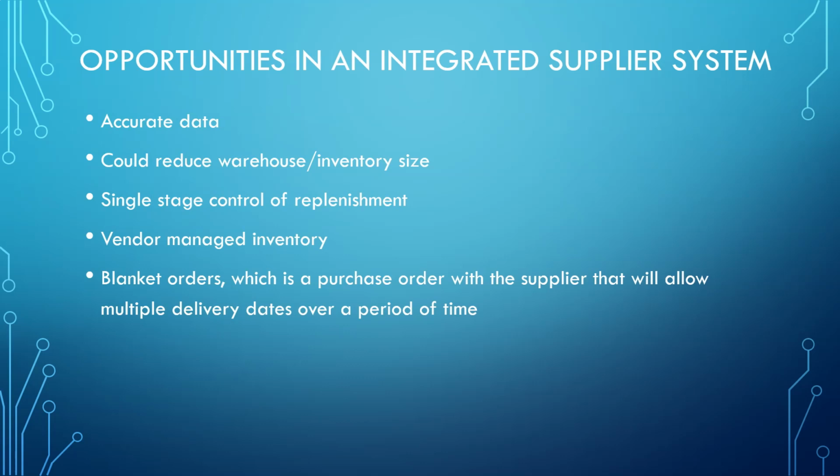An integrated supplier can provide the opportunity for a blanket order, which is a purchase order with the supplier that will allow multiple delivery dates over a period of time. So you order one bulk order, one big order, and then you ask them to deliver it in pieces over time.